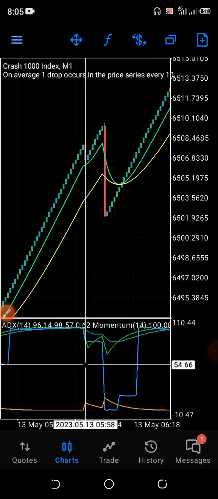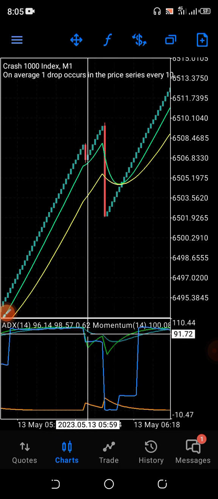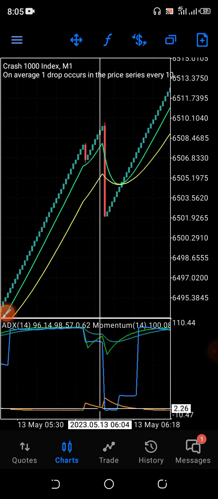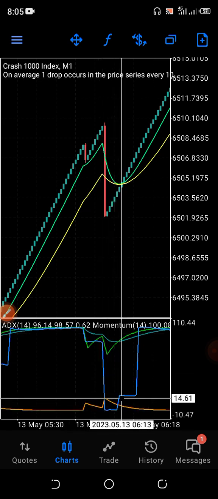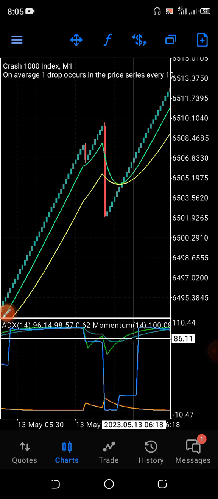Then as the sellers show up, the momentum needs to drop. So as it drops, the momentum picks up and continues to go up. That is the word momentum. That is why it shows the momentum of the market, the current movement of the market in the buy and the current movement of the market in the sell.